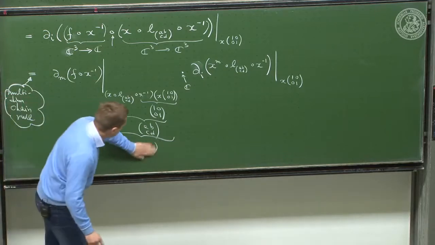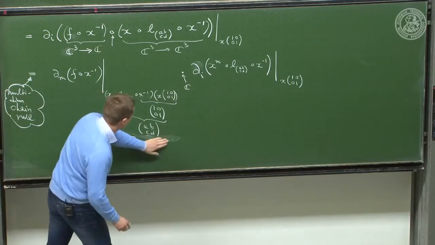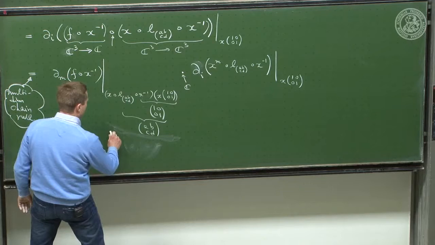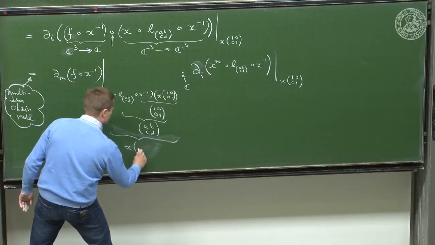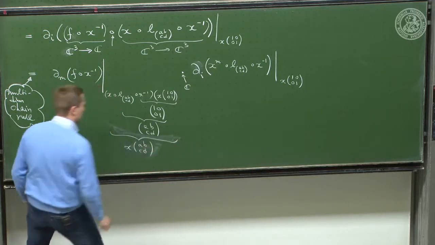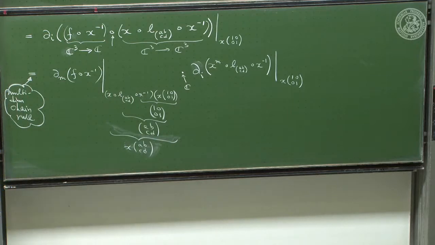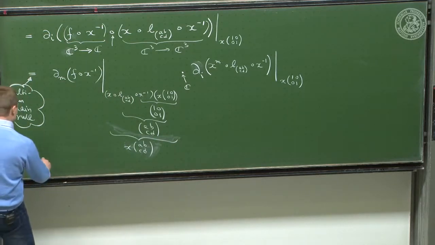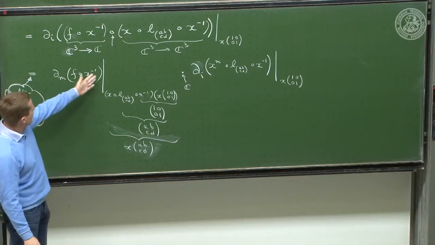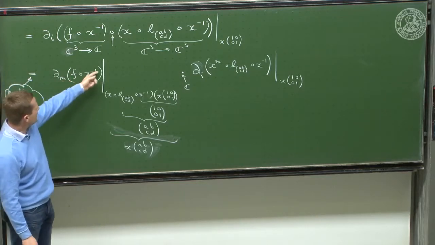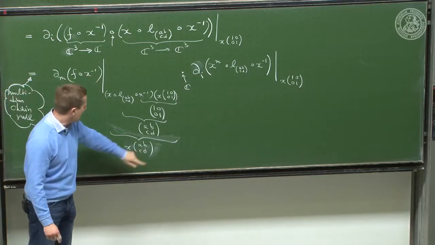But I rather write this, I do not do the last step, so I write that everything here is x of a, b, c, d. That's also true, and I could evaluate this. But I don't, because I now look at this first factor, del m f after x inverse evaluated at x of a, b, c, d.